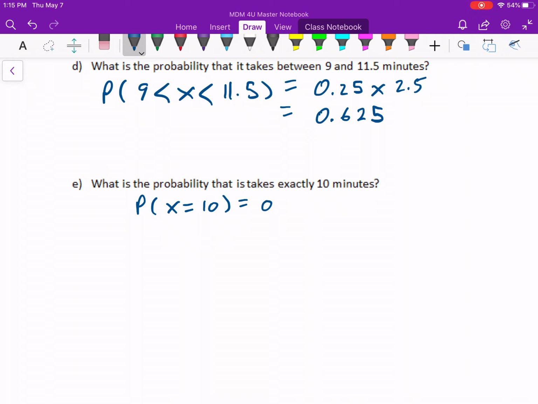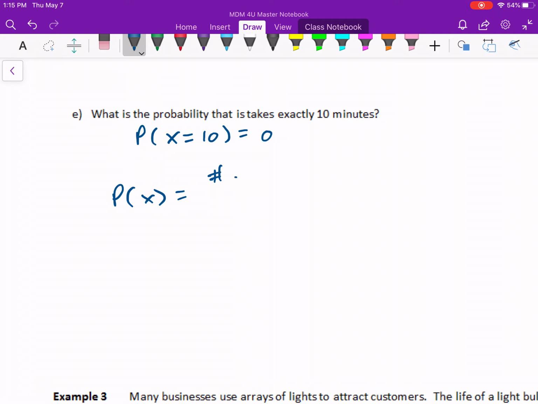Let's go back to our formula. Remember, P(x) is equal to the number of successes, number of ways to be successful, divided by the total number of ways of doing things, total possible outcomes.